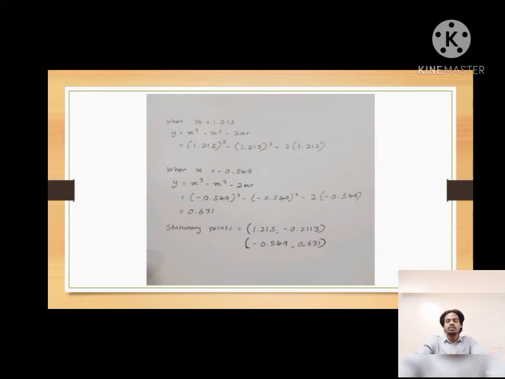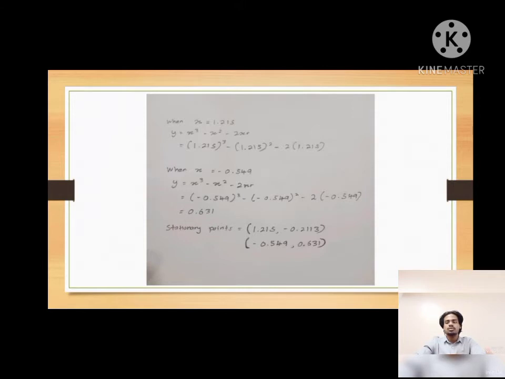Now that we have the x values, we substitute them into the equation y equals x power 3 minus x power 2 minus 2x. We take the first value, x equals 1.215: in bracket 1.215 power 3 minus in bracket 1.215 power 2 minus 2 times 1.215.